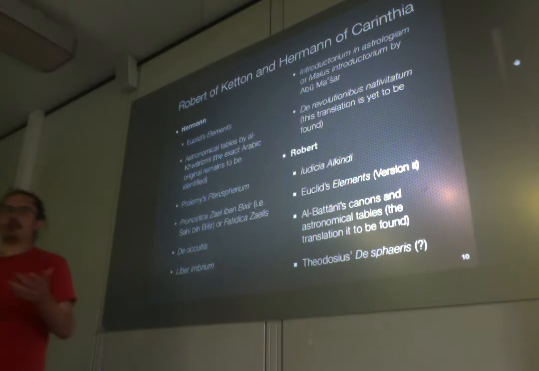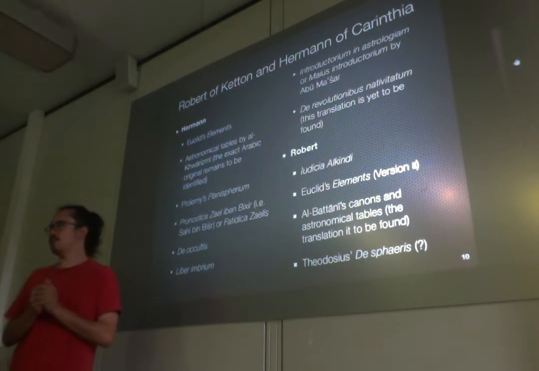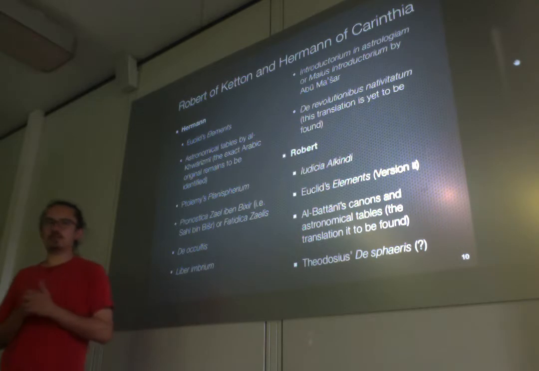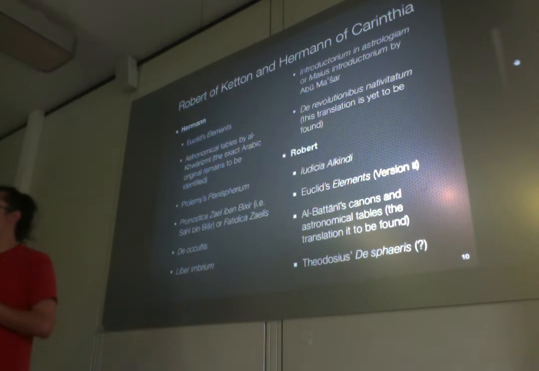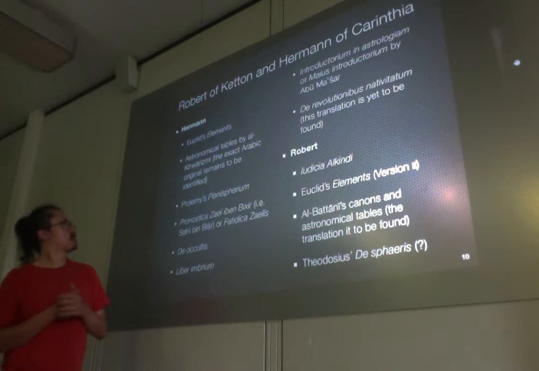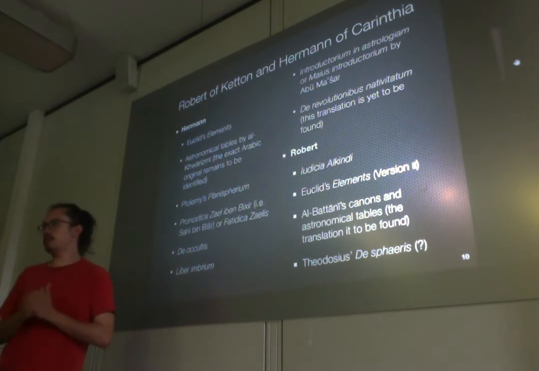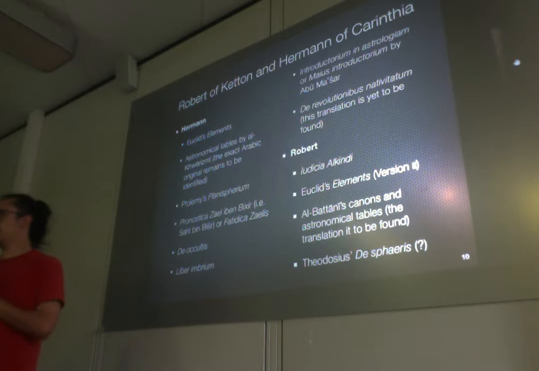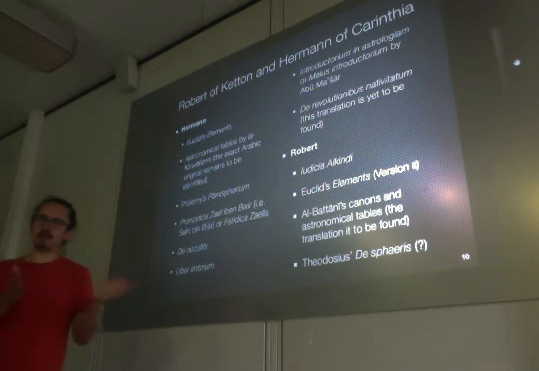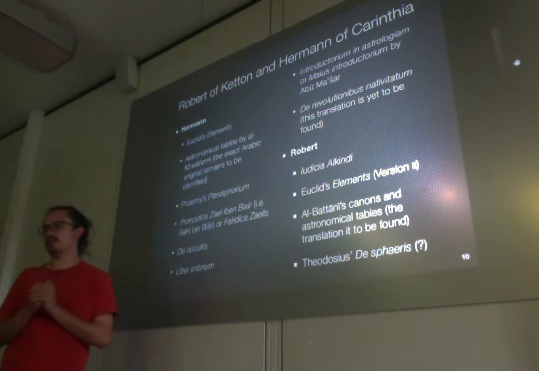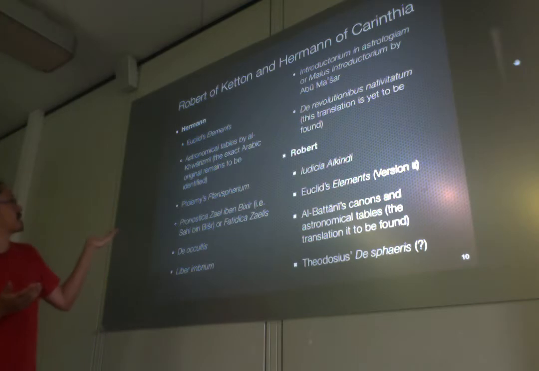They were hired to do the translation, so this doesn't seem to be their main goal. In northern Spain, we find mostly astrological translations, or geometrical, as we can see here.